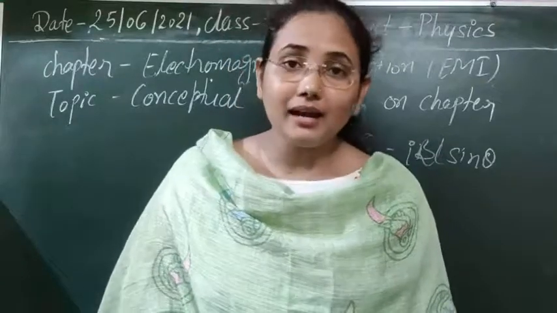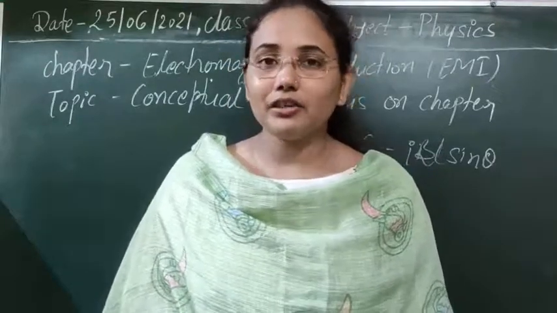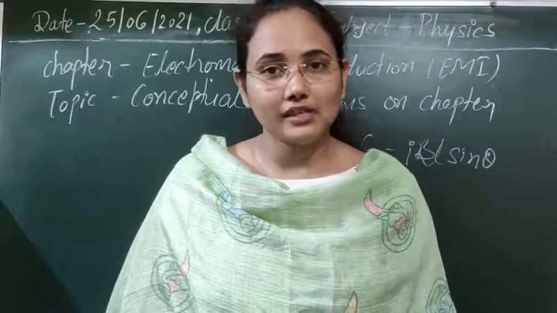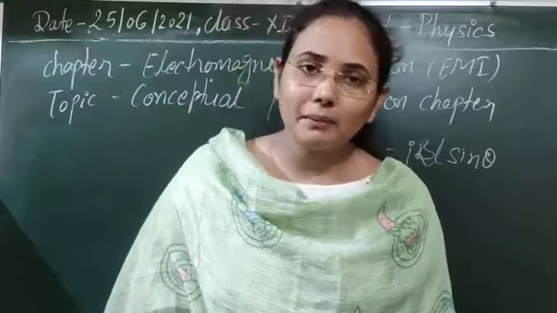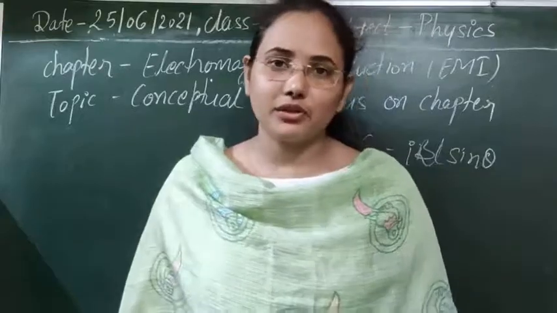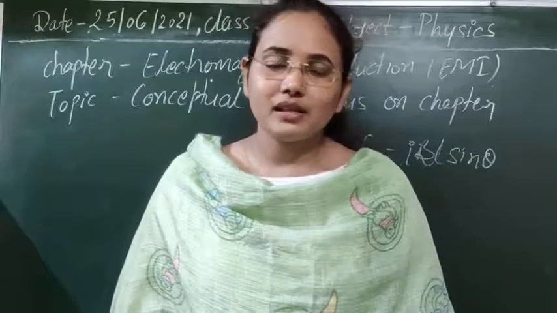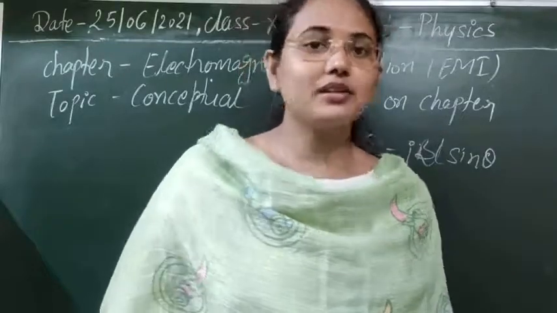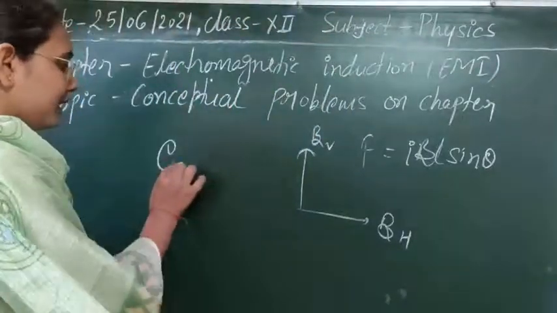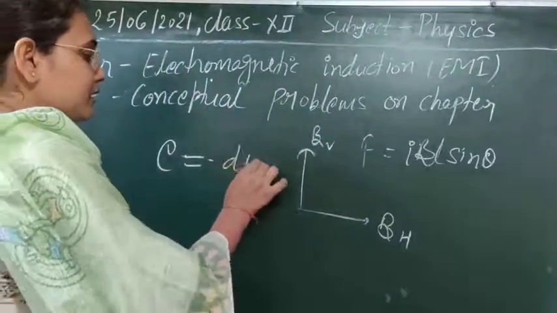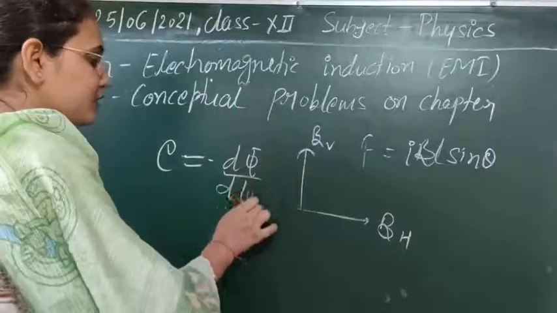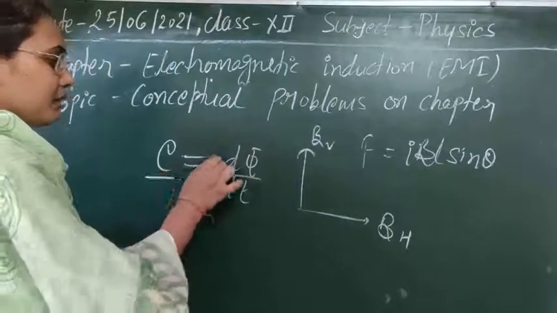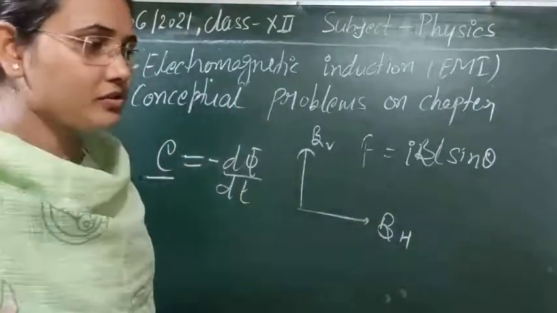It says that whenever the magnetic flux linked with a coil or surface is changing, then induced EMF is produced. So change in flux always provides us induced EMF, and that is given by minus d phi by dt. Here the change in flux is clearly producing EMF only. It is not producing induced current.